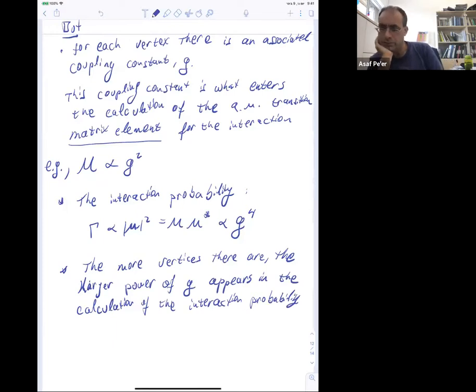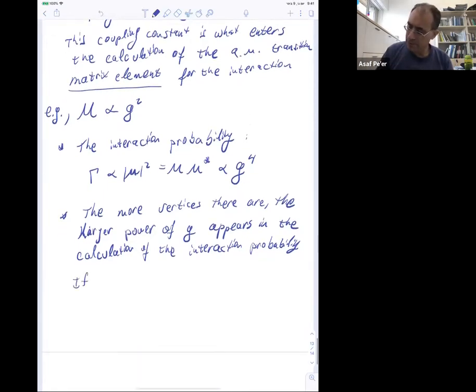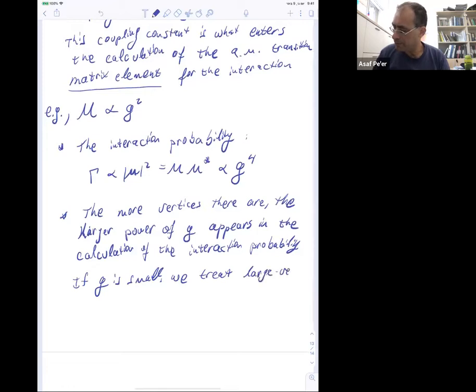So what saves us is if G is small. When G is small, then we can simply treat those as perturbations. So if G is small, we can treat large vertex diagrams as perturbations.